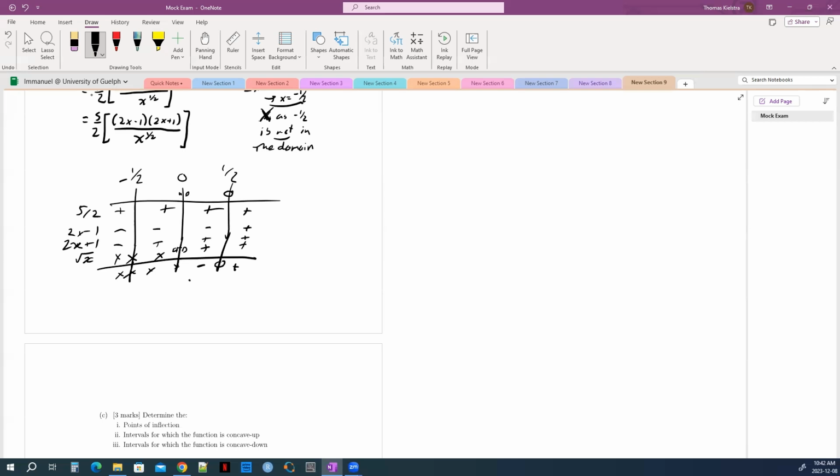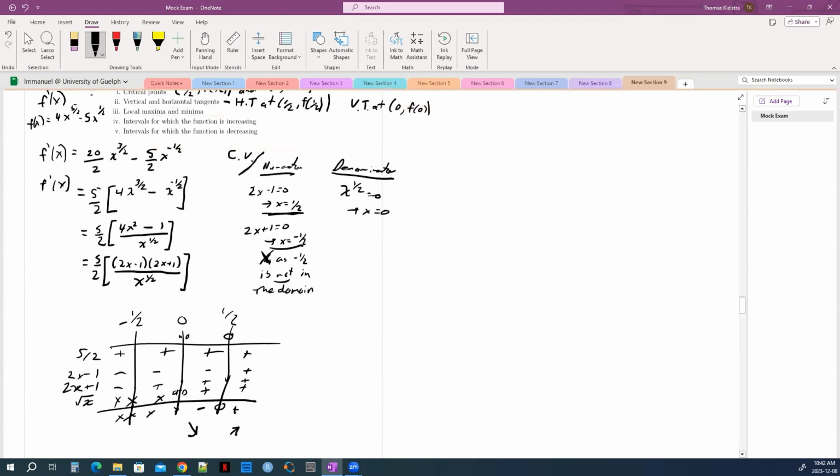So this means I'm decreasing here and increasing here. I like drawing these arrows after I get these signs. So when I draw those arrows, that lets me easily determine what the increasing and decreasing is here.